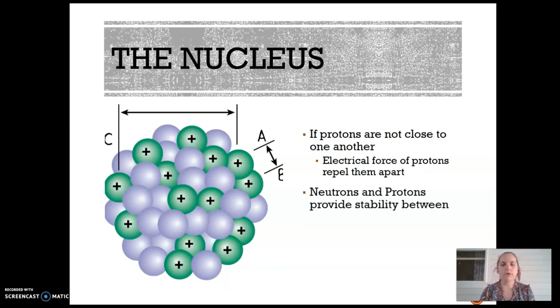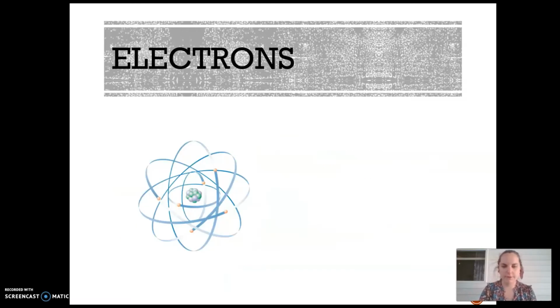Neutrons and protons provide stability between the electrical force repelling and the strong force attracting. There's a kind of balance here: if they get too close, there's the nuclear strong force between them. If they just get a little bit more separated, then the electrical force is going to take over and separate them further.